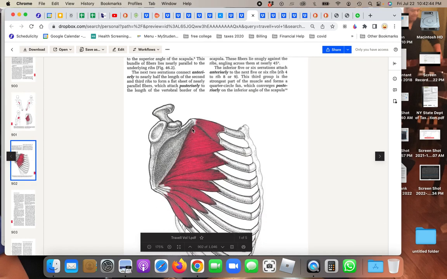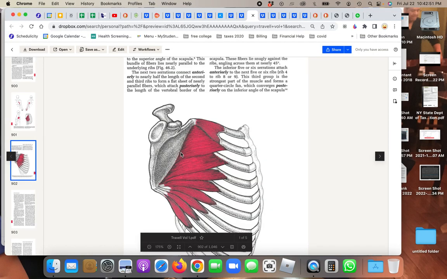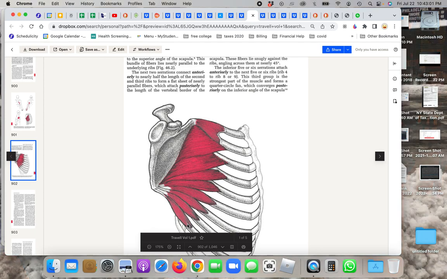So the serratus anterior superior attaches at the medial aspect of the shoulder blade and goes to the ribs, whereas the pec minor attaches at the costal margins of ribs 3 through 5 and goes up to the coracoid process right here.